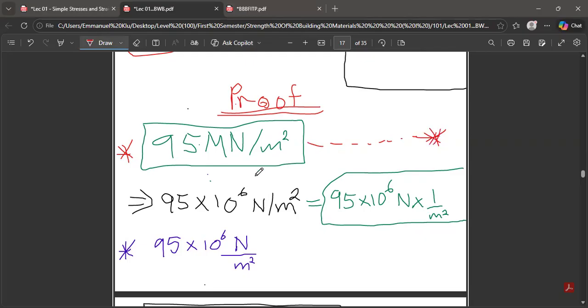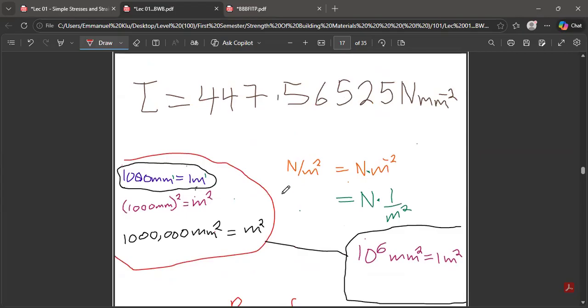I told you that the meaning of mega is 10 exponent 6. It is a prefix, right? And this unit over here is the same thing I have repeated over here, Newton per meter squared. Do I make sense? I went on to tell you that this can also be written as 95 times 10 exponent 6 Newton per meter squared.